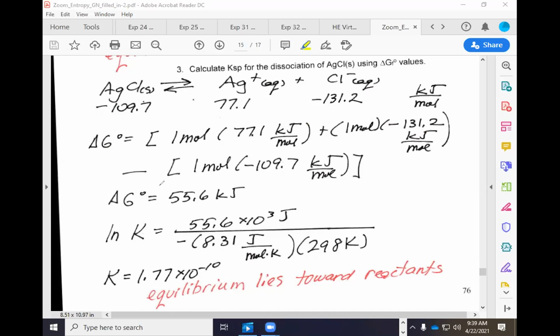And we see that if we just look at the free energy, and we indicate what that means as far as where the equilibrium lies, it would mean this.